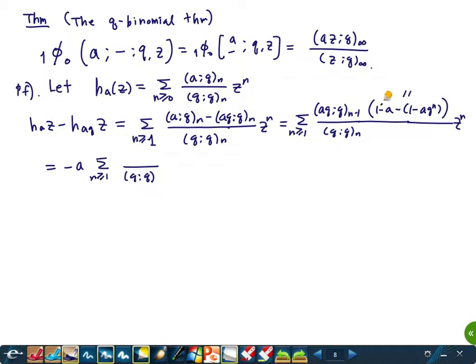So we cancel this, minus a, 1 minus q^n. Then this will cancel one of the factors here, right? You can cancel this with the last factor over here.